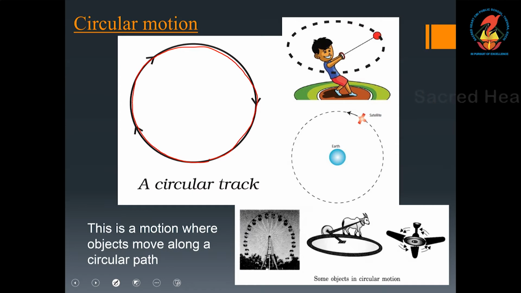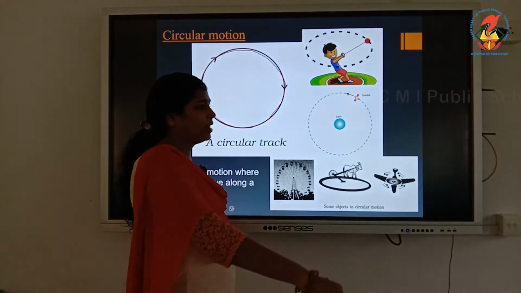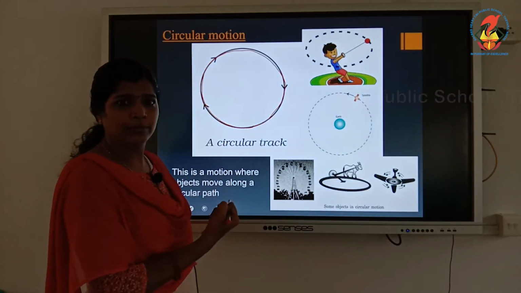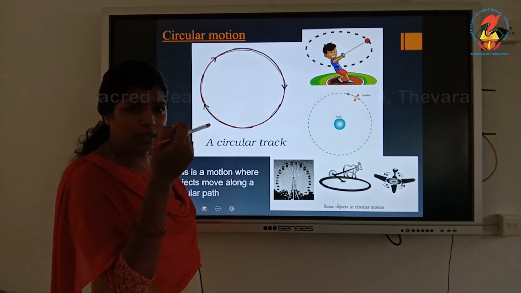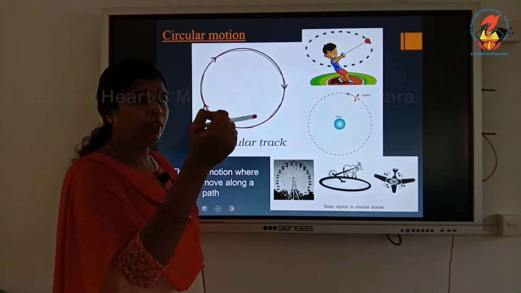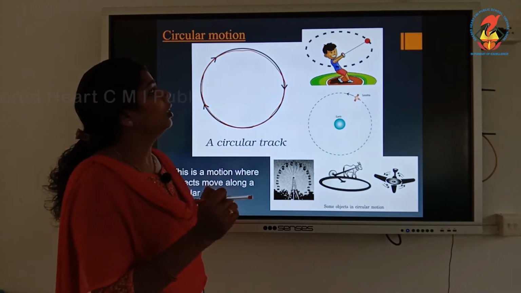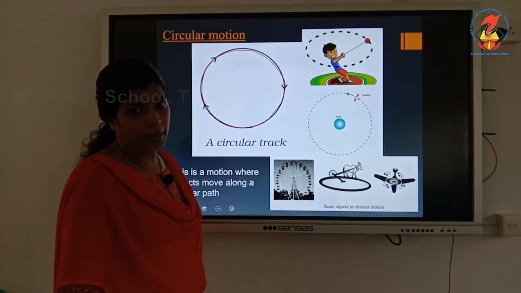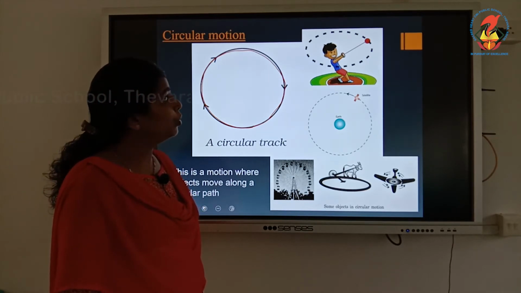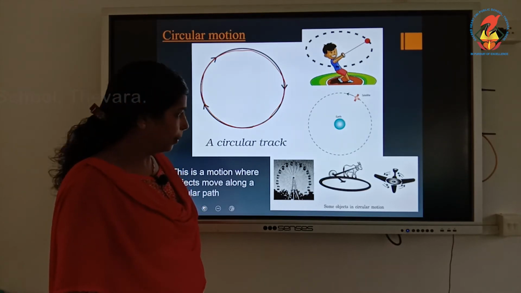When you throw the hammer, before throwing it, you give it a round. Or when you tie a thread to a stone and whirl it, the stone will move in a circular path.